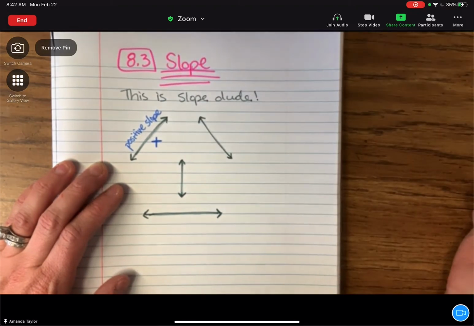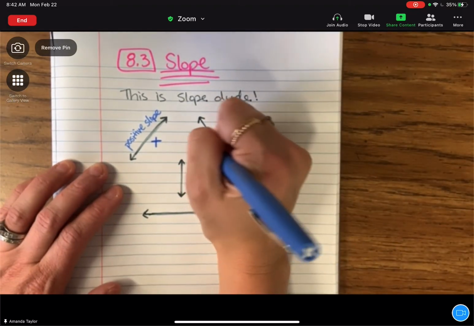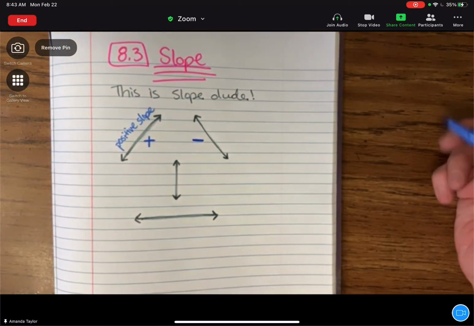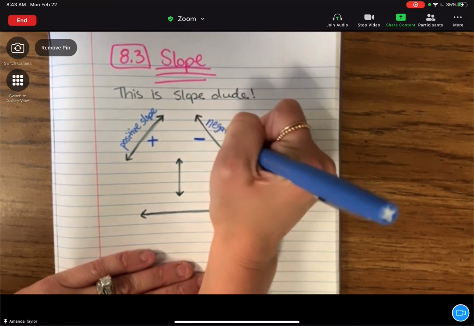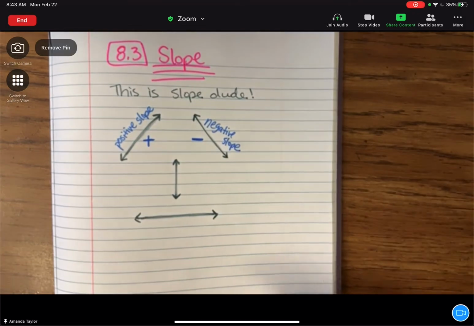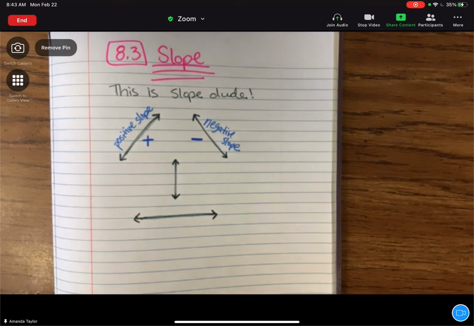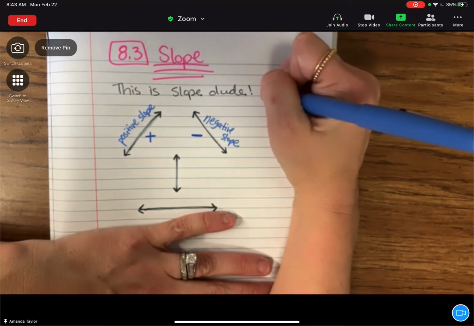And this one is winking at us, and this is a negative slope. Positive slope, negative slope. So his eyebrows will show you. Oh, and in case you don't know this, he has tattoos on his face.